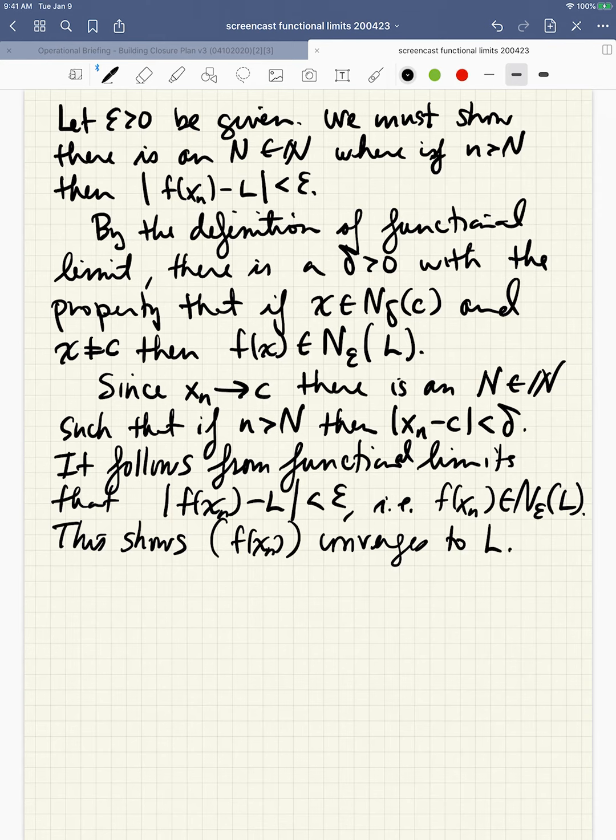All right, done. Now we're going to prove the reverse direction, that the second statement implies the first statement.